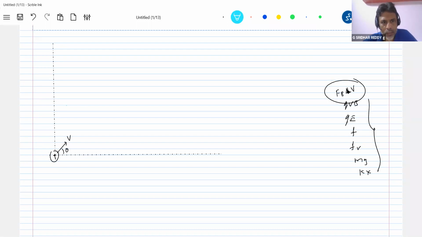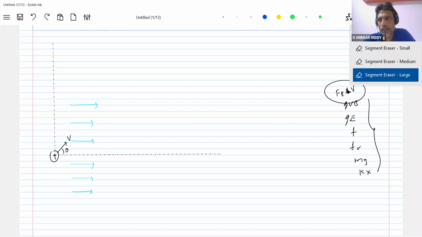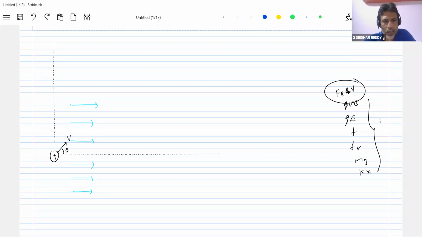So there's a uniform magnetic field, and I'm going to project a charged particle with a speed.